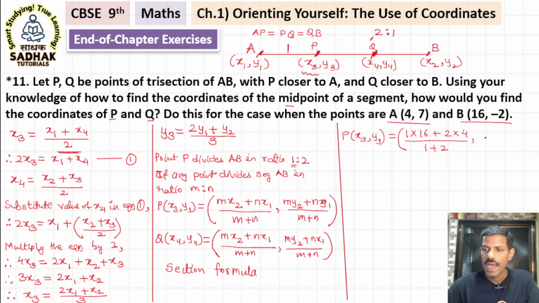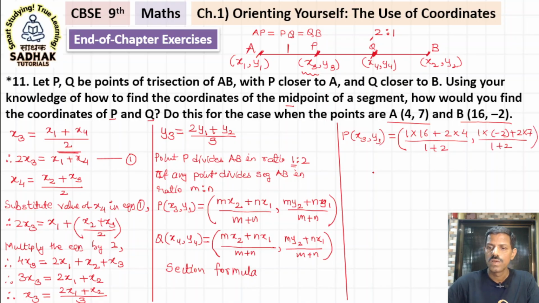And similarly for the y coordinate we will write the same thing. 1 multiplied by the y coordinate, that is minus 2, plus 2 multiplied by the y coordinate of point A, that is 7, divided by 1 plus 2.